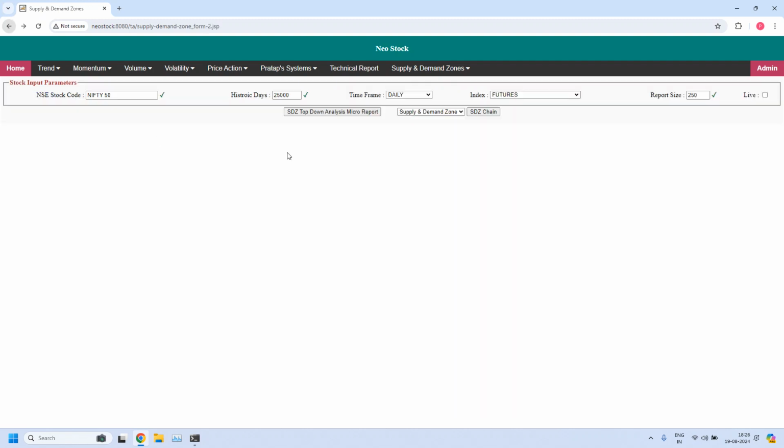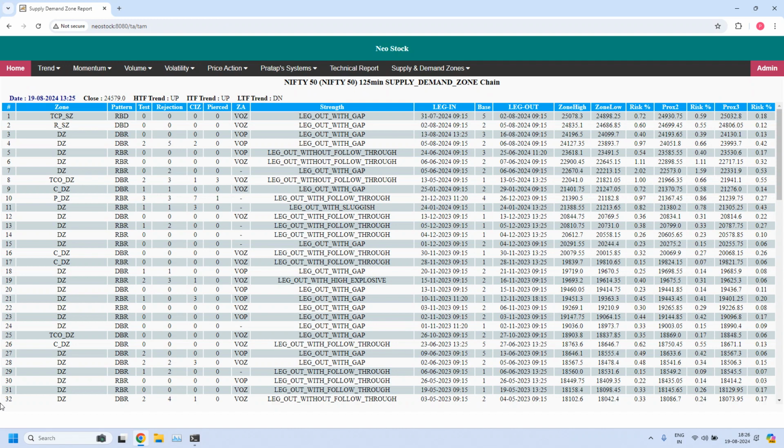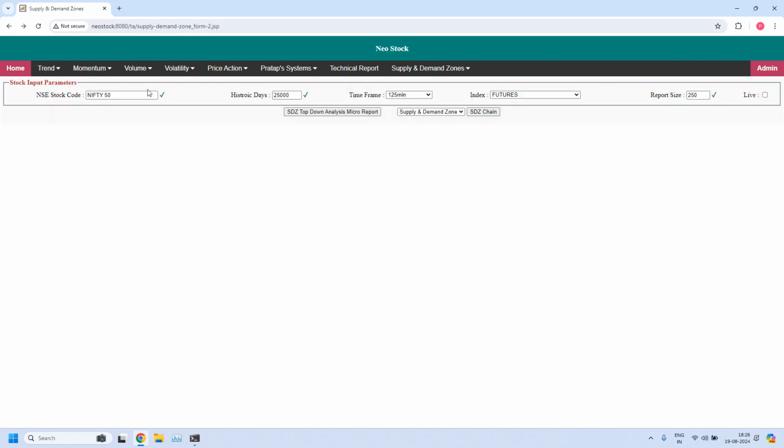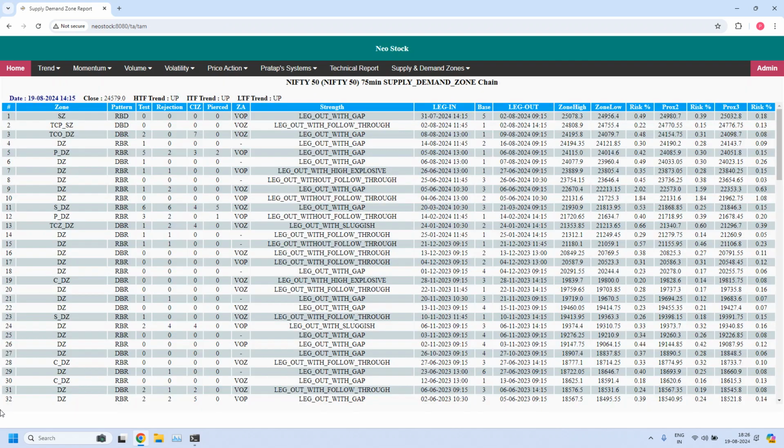And the next time frame is 125 minutes. I am generating the 125 minute supply demand zone chain for NIFTY. And the next time frame is 75 minutes, generating the 75 minute supply demand zone chain for NIFTY.